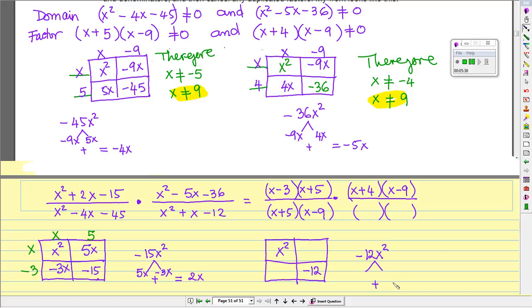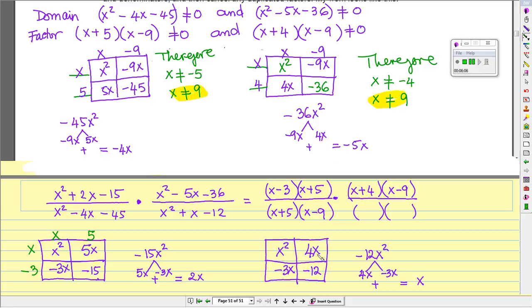We're going to try to find the factors of negative 12x squared that add up to 1x, or just x. Negative 12 will be 4 times negative 3, so 4x times negative 3x, and 4 plus negative 3 is 1. So I'm going to put these two factors, 4x and negative 3x.